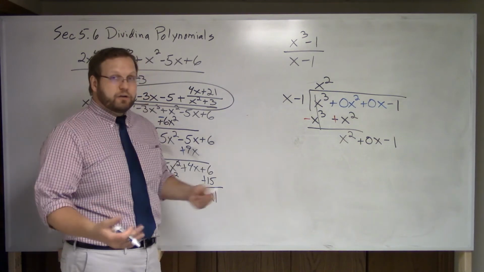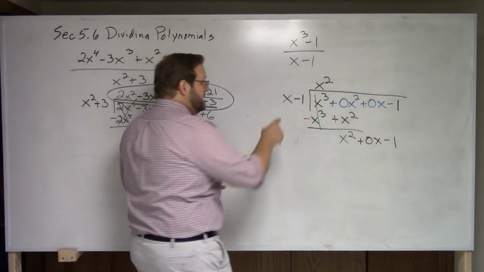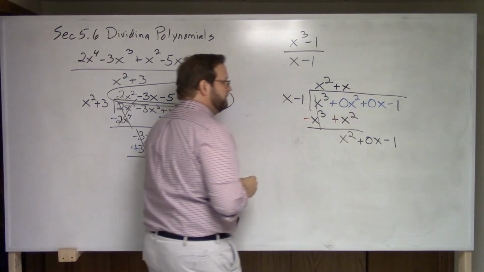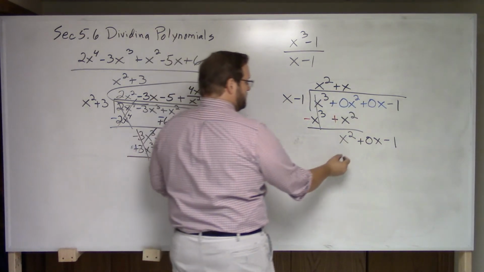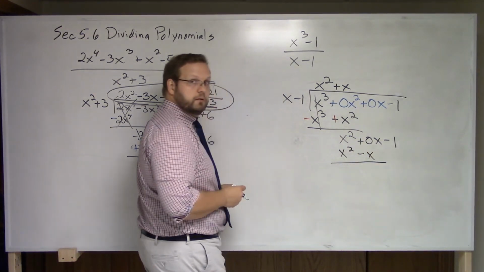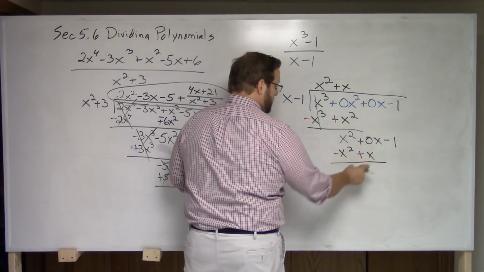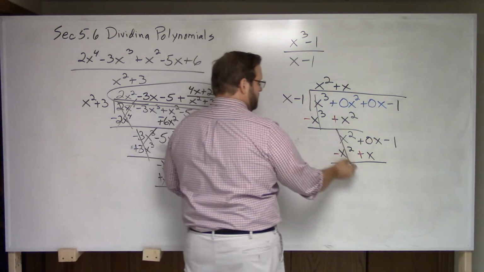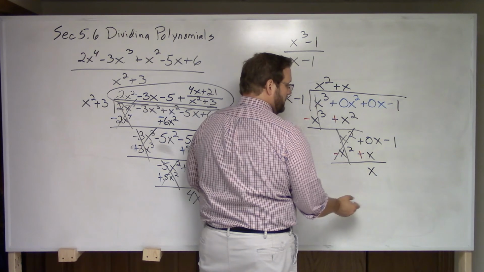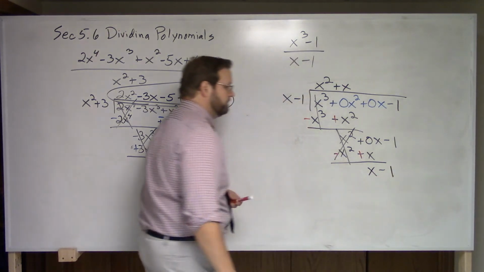Then it's there if you need it. Then I need an x to be an x squared, so I'm going to multiply by x. Distribute the x. X squared minus x. Change, change. That's gone. 0 plus x is just x minus 1.